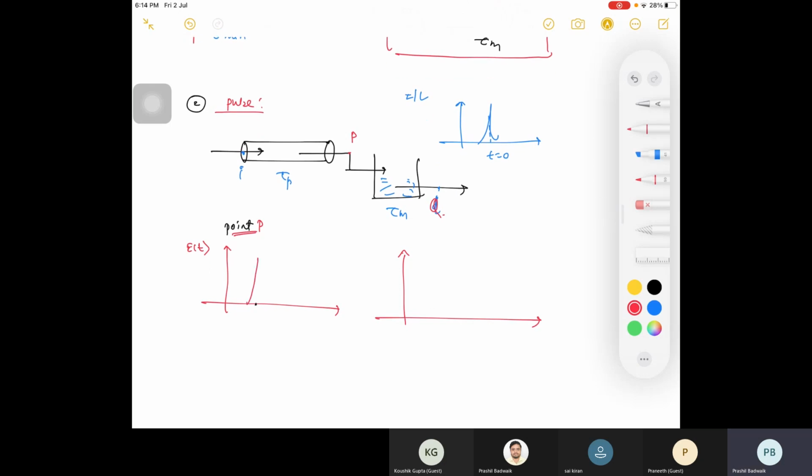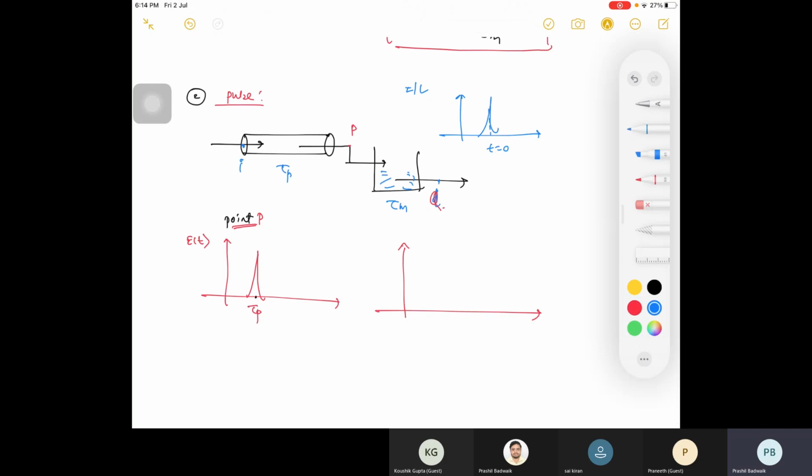So you'll be having this profile at time tau P. This is your 0. After time tau P, you are getting the same profile. Now what is your profile at point Q? After time tau M, it will be exponentially decreasing. Okay, I think yes, it's correct.